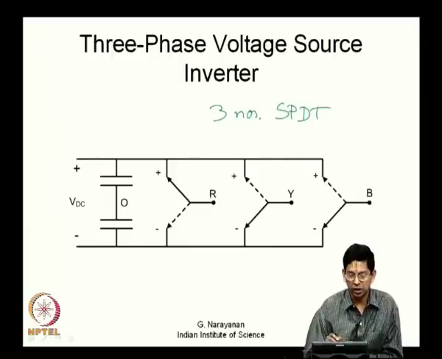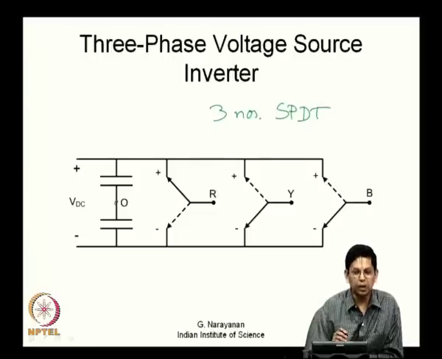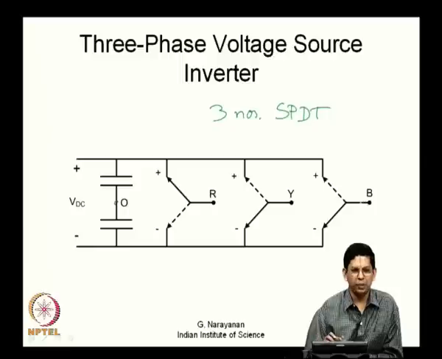The 3 phase load is connected to these points, which are indicated as R, Y and B here. The midpoint of the DC is a convenient point for considering all our measurements. This point may not be available, but analytically we want to express the potential at this pole R, or at this pole Y, or at this pole B with respect to some point of reference, and this O, or the DC bus midpoint, or the DC bus neutral, as it is variously called, is a convenient reference.